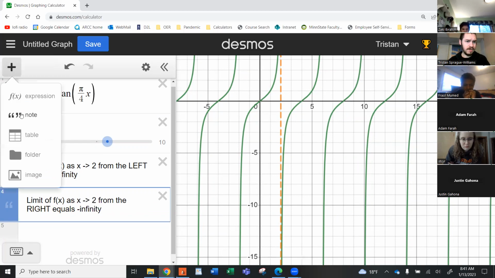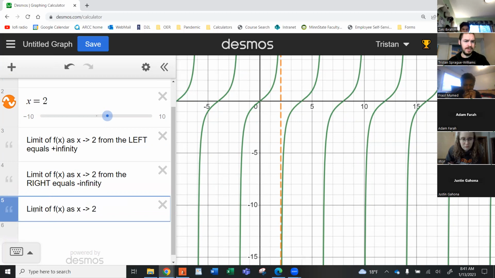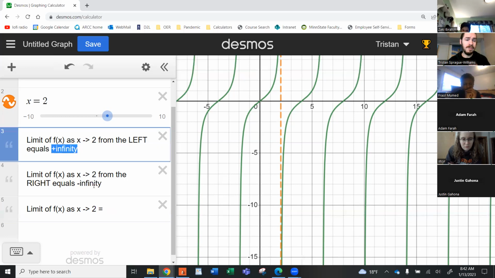Now, in this case, if we ask for the two-sided limit, the limit of f of x as x approaches 2, not from the left or from the right, this doesn't exist. But I wouldn't answer infinity, and neither would I answer negative infinity, because just like a jump discontinuity, the limit from the left and the limit from the right are not the same. Plus infinity and minus infinity are not the same direction, right?